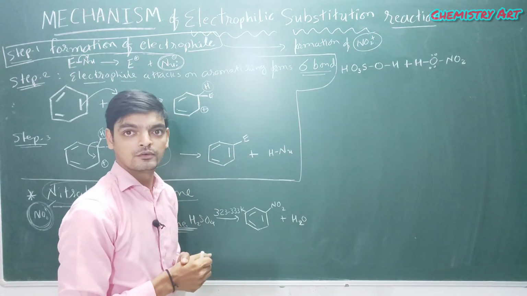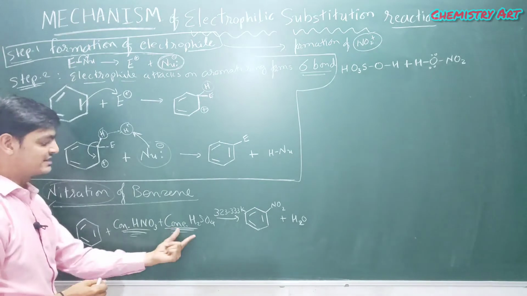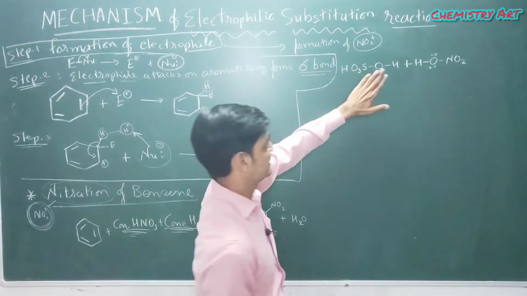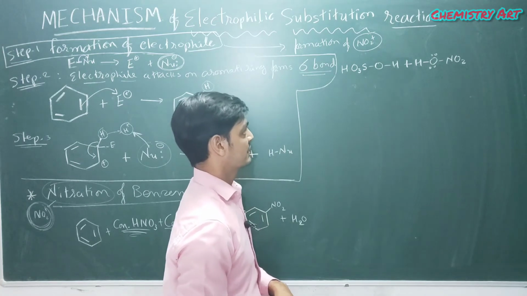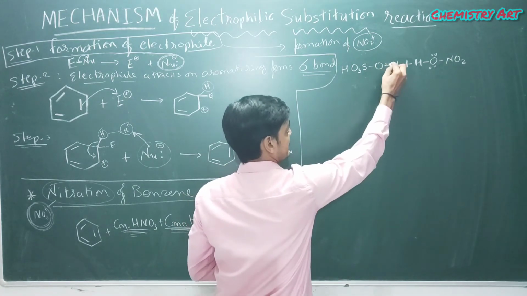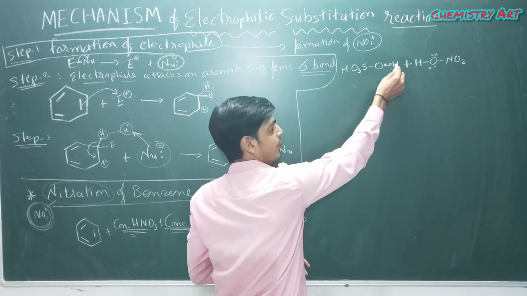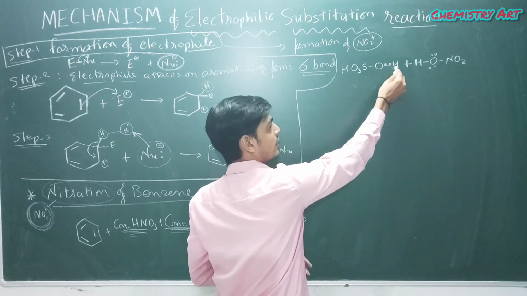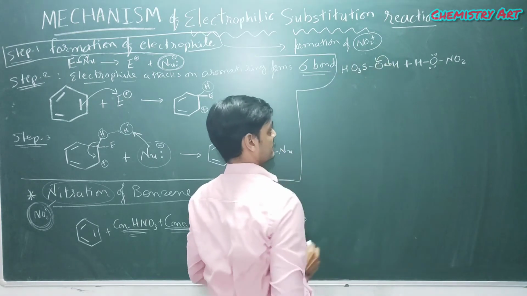Now what will happen when concentrated H2SO4 and HNO3 come in contact? Here the bond of H and OH will be broken and the electrons will be gained by this oxygen.